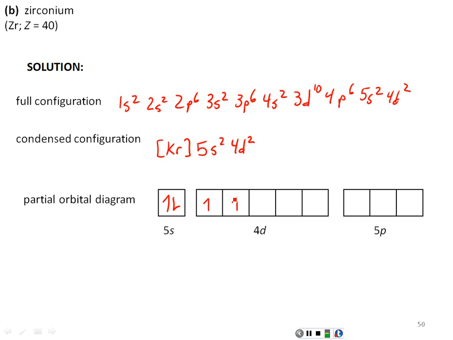Again, you add them to separate orbitals, keep them unpaired because of Hund's rule. How many inner electrons? If you count all the inner electrons up, you should come up with 36.